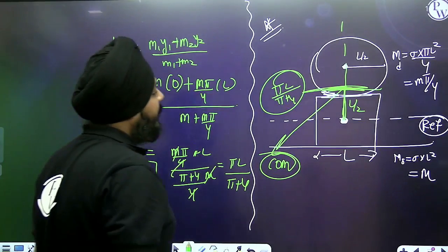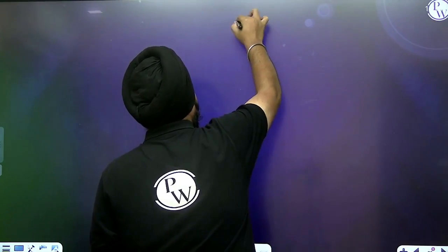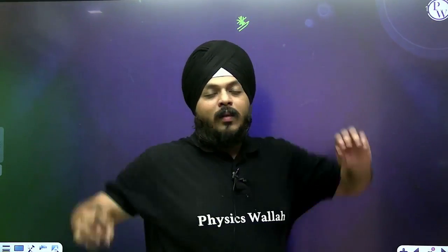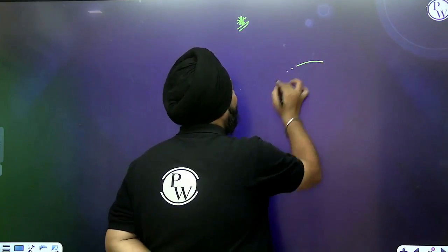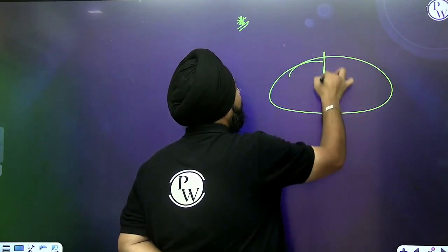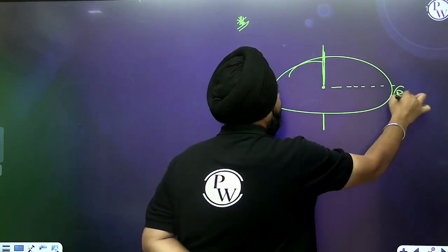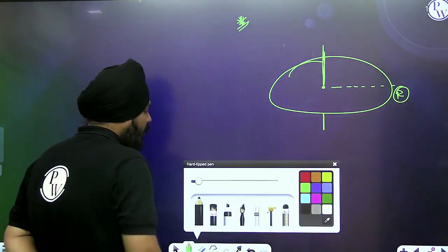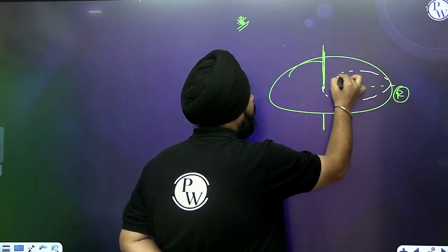So this was all about the continuous body. Now let's move on to the center of mass for bodies with cavities. Simple sums are there in the cavities, but it's okay, we are going to see that part. There is a disk of radius r, of uniform mass distribution.